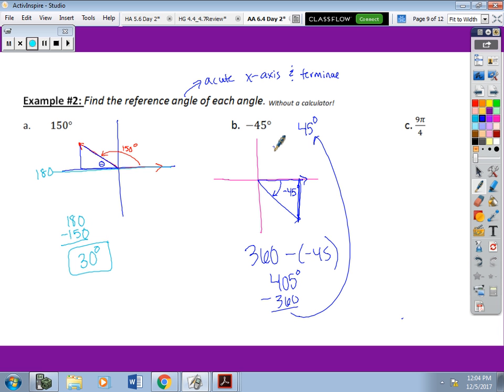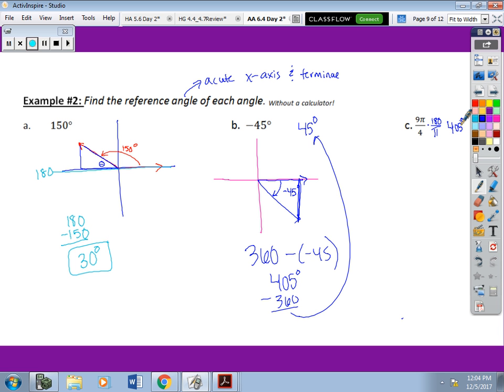Okay, now our radians. You guys want to convert this? You can also graph it the way that we've done, but what do we get? 405. Okay.